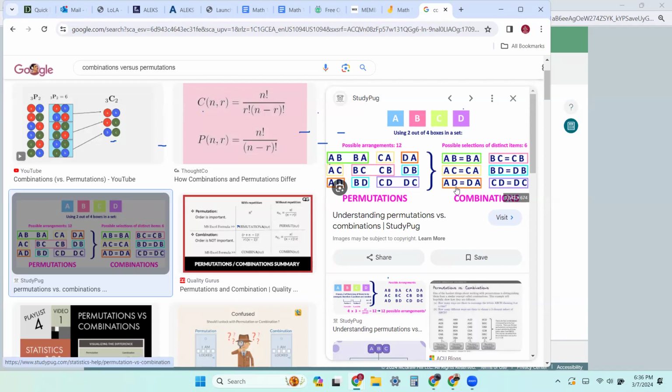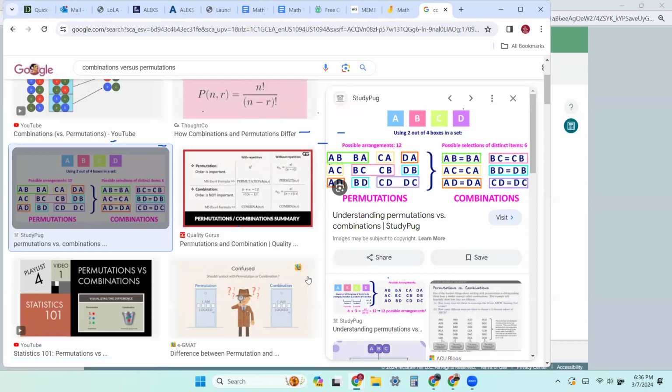But if the order isn't important, then you only got half of that amount, because AB is the same as BA. BC is the same as CB. AC is the same as CA. So that's what we mean by no order. It's where the order that we pull them out doesn't matter.